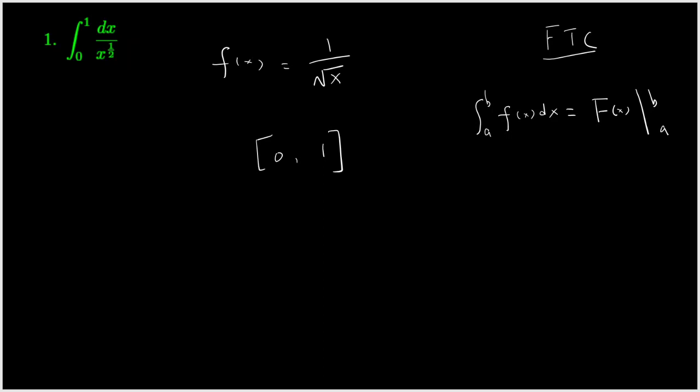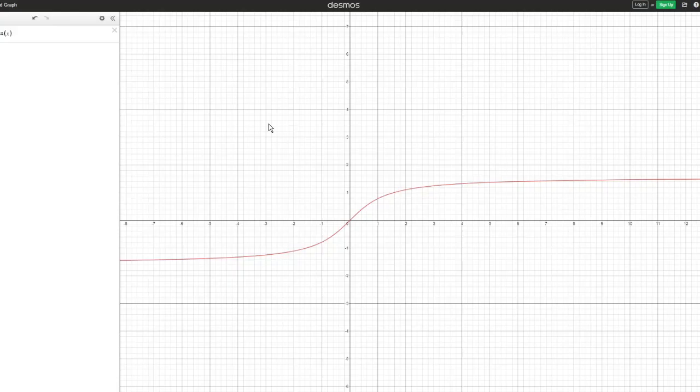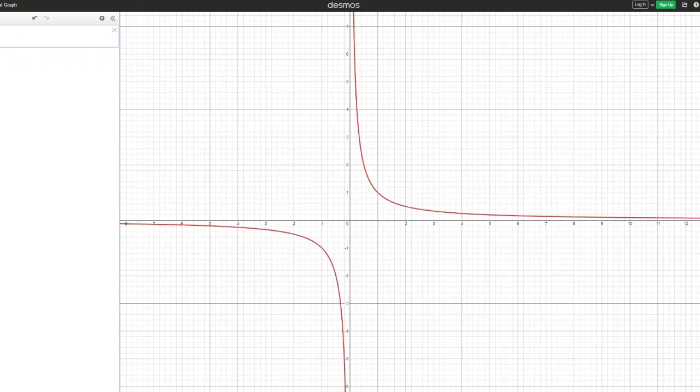As a matter of fact, the function is undefined at 0, right? 0 makes the denominator of the function 0. So the function is undefined at 0, so you cannot use FTC. Actually, I'm going to show you the graph of the function. I think we have seen the graph. The function is 1 over square root of x.